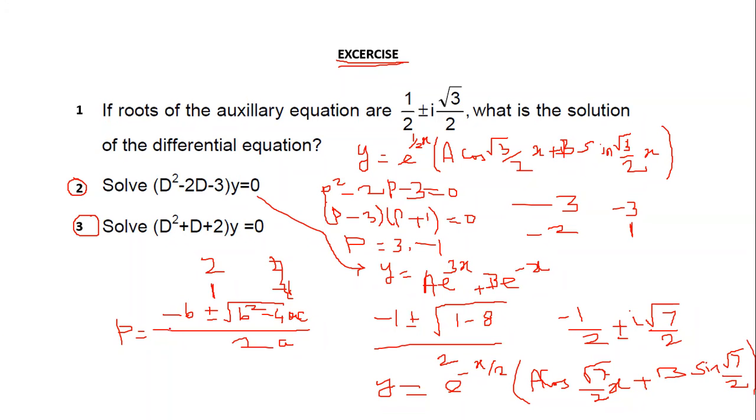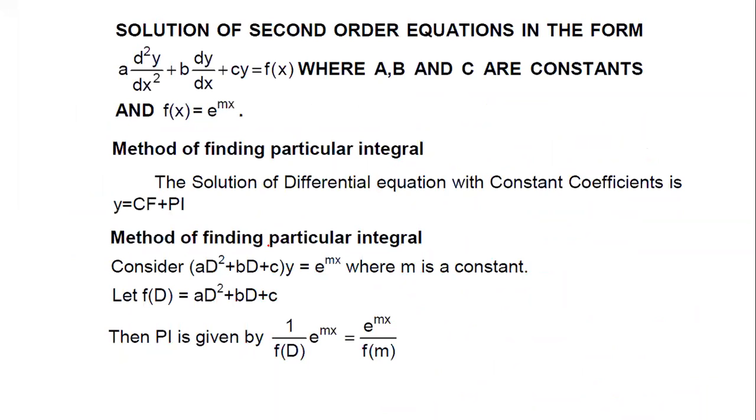So these are the methods to solve the problem when the right hand side equal to 0. The next case is the solution of second order equations in the form a d square y by dx square plus b dy by dx plus cy equal to f of x, where a, b, c are constants, small a, small b, small c, and the right hand side f of x equal to e power mx.